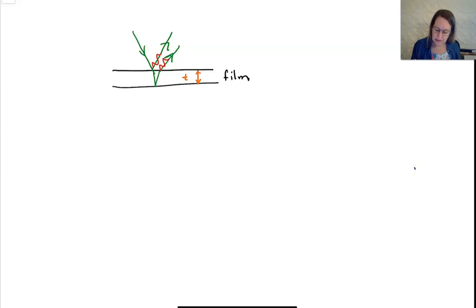We want this thickness for us to have constructive interference, so we can pick out that color. Then we want twice the thickness to be equal to whatever's needed for the waves to get back in step.